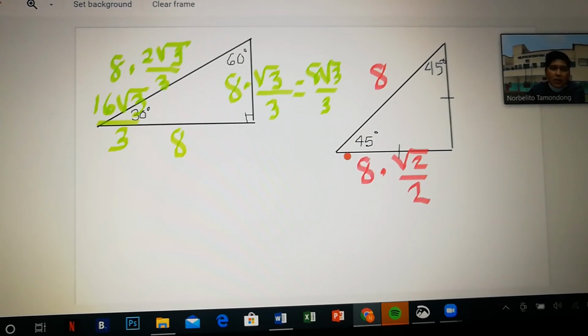Okay, apply cancellation. 8 becomes 4, 2 equal to 1. So what's your final answer? 4 square root of 2. That's how to find the congruent sides.